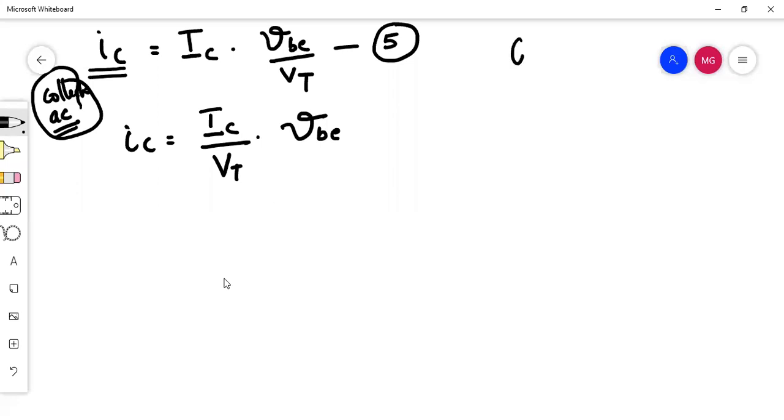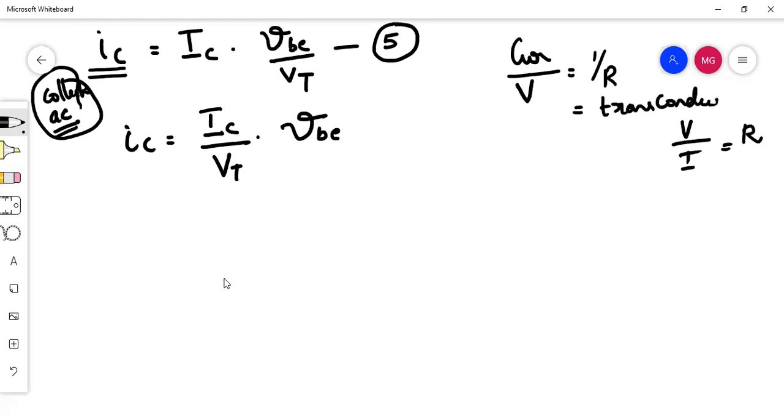What is this? Current divided by voltage. We know voltage by current is resistance. Then what will be current by voltage? It will be 1 by R, that we will call what? Transconductance. Current by voltage can be represented as transconductance or gm.